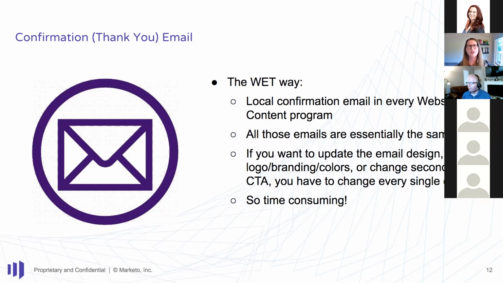And it's sending a confirmation email that has the name of the asset, a link to it, maybe a little bit more content, maybe a secondary CTA, like request a demo. And all of those emails live locally in the website content program. The thing is, these emails are probably all essentially the same, same format, same content, other than the name and the link and all that.